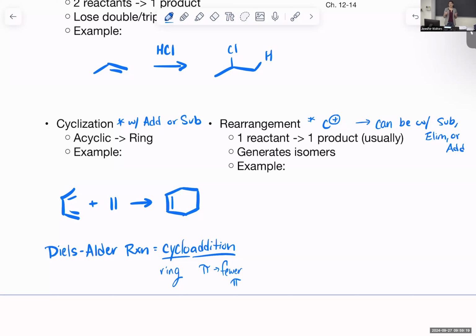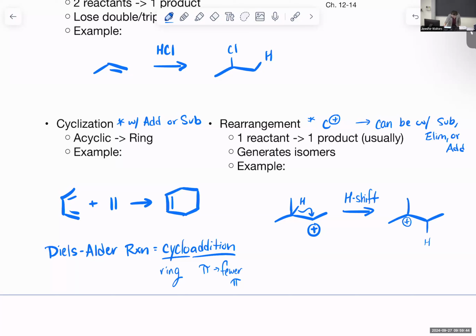So we are generating isomers is all that we're doing. So here, if I see this hydrogen move over, this is going to be called a hydride shift because it's the hydrogen taking its electrons.